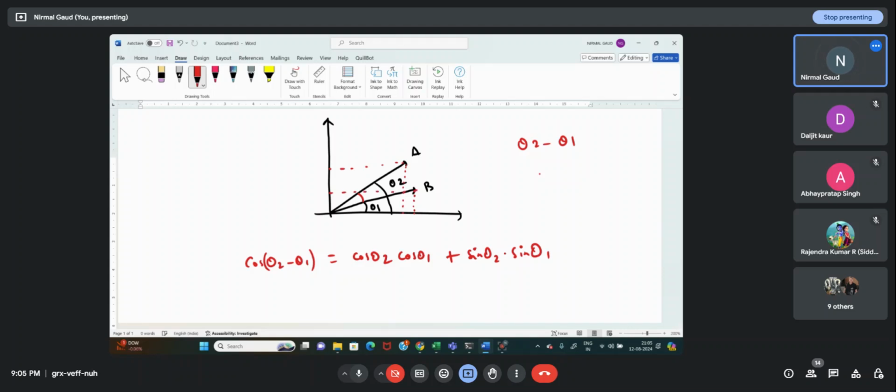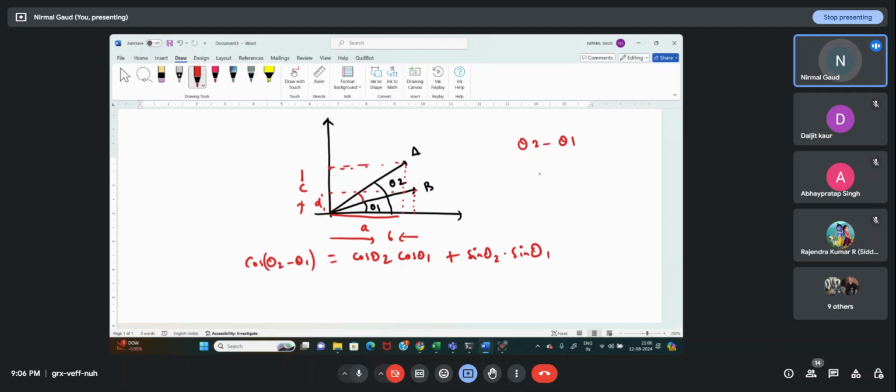Fine. If this distance is small a, and this entire distance is small b, and this distance we take as c, and this distance we take as d.